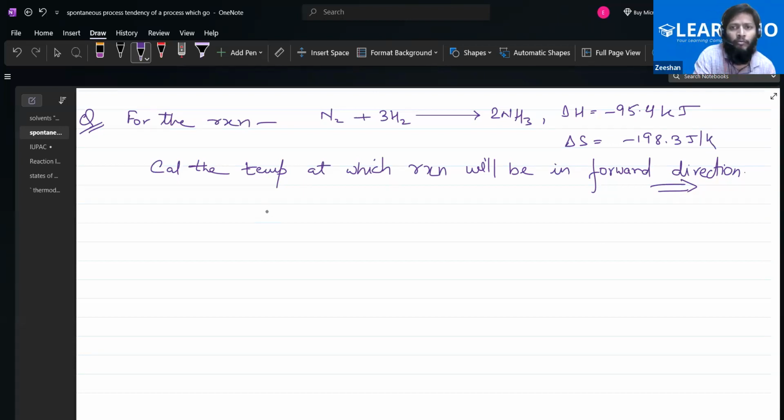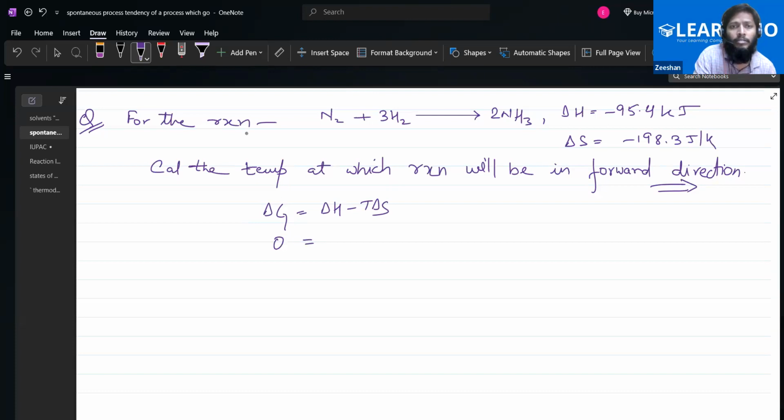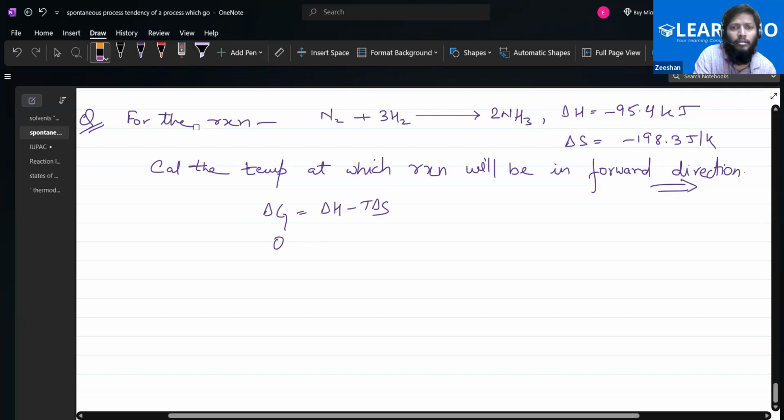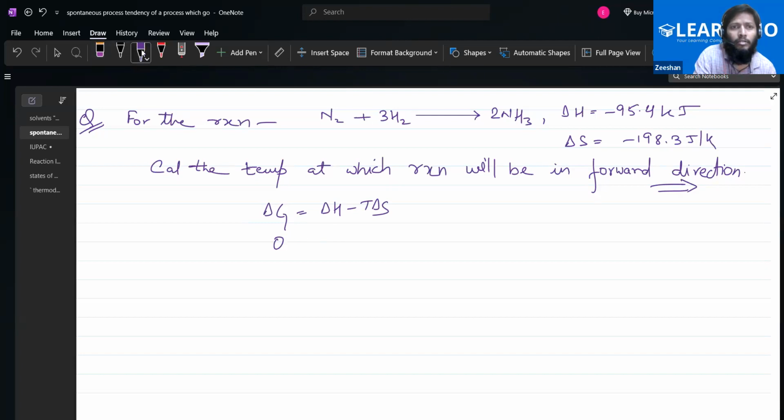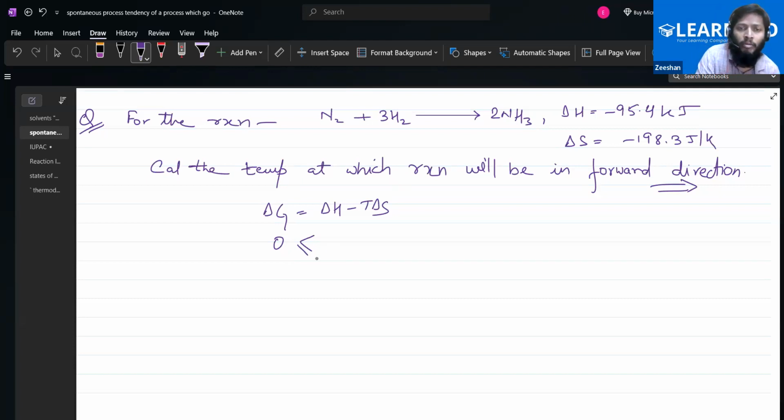So we will again write this formula. Delta G we will take as 0, or you can take it as less than or equal to 0. Tell me, if this is the condition, will the reaction be in forward direction?